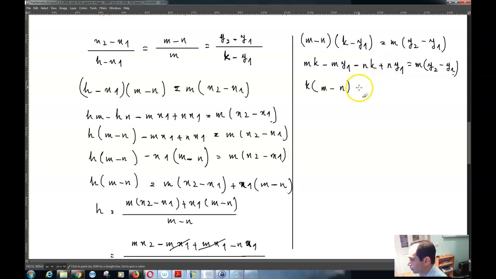And minus m y1 plus n times y1 is equal to m times (y2 minus y1).